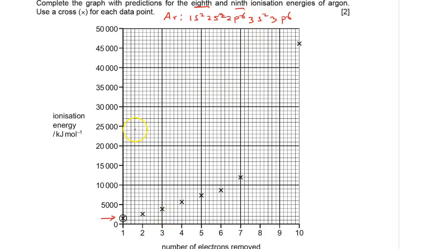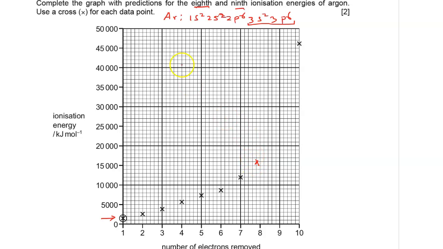So the 8th electron will also be removed from the 3s orbital. So it is still on the third shell. So the cross should be somewhere here, not far away.